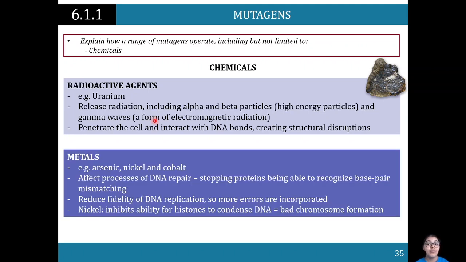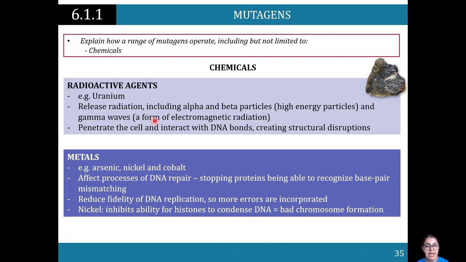In terms of metals, the metals that are mutagens include arsenic, nickel, and cobalt, and being exposed to them for a long amount of time can affect the integrity of the DNA repair system. We have our own inherent repair system that tries to fix as many mutations as possible.